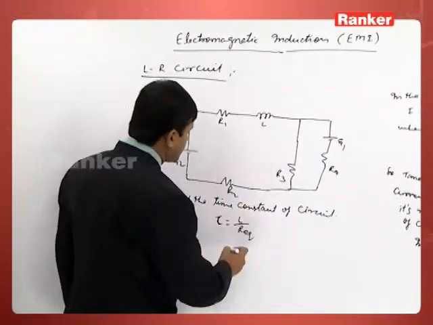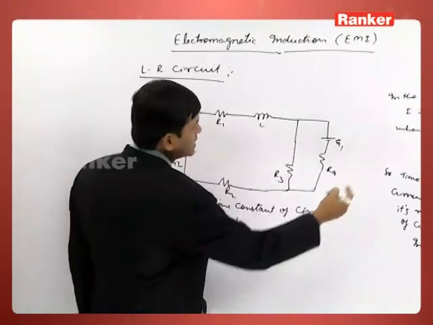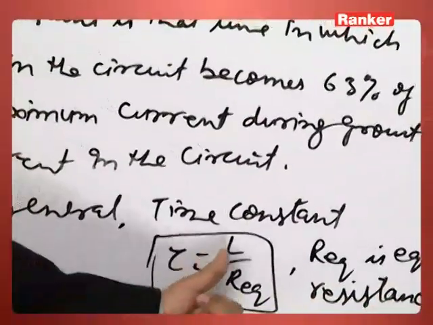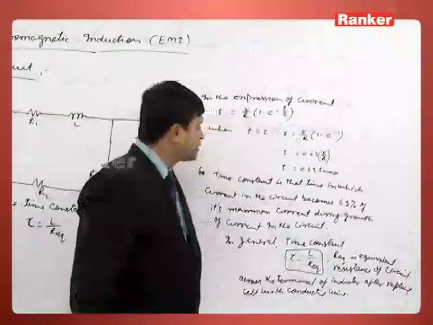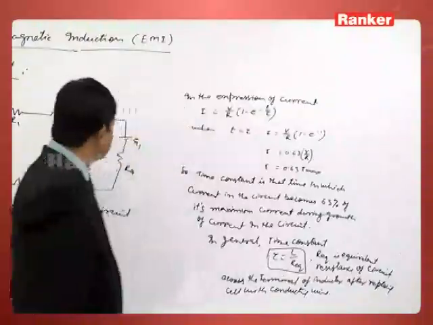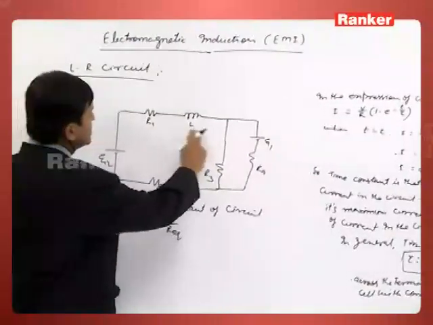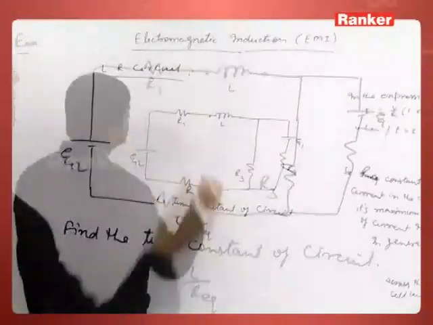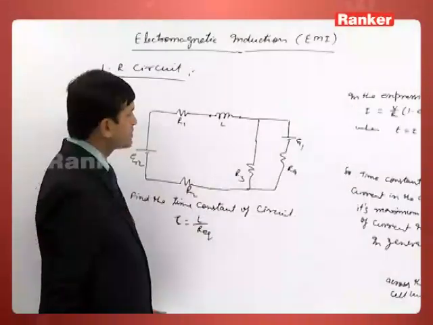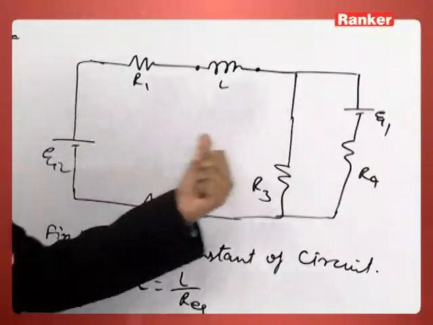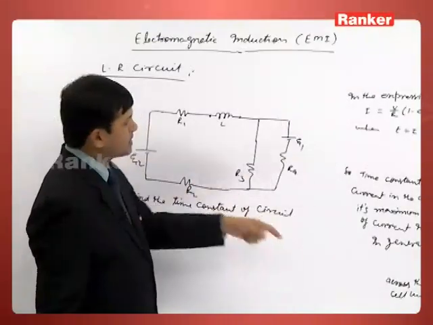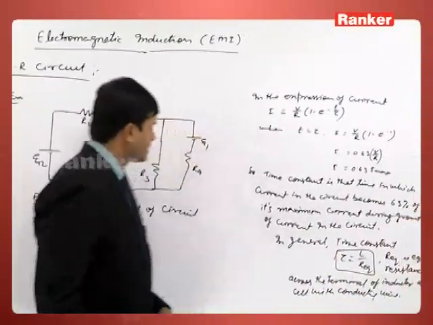See the definition again. In general, time constant is L by R equivalent, where R equivalent is the equivalent resistance of the circuit across the terminals of an inductor. These are the terminals of the inductor. We would like to find the equivalent resistance across these two points. We can replace the battery with a conducting wire.